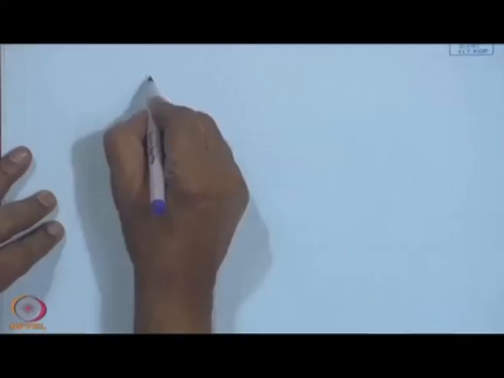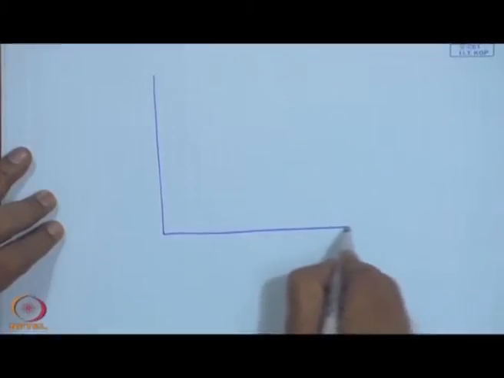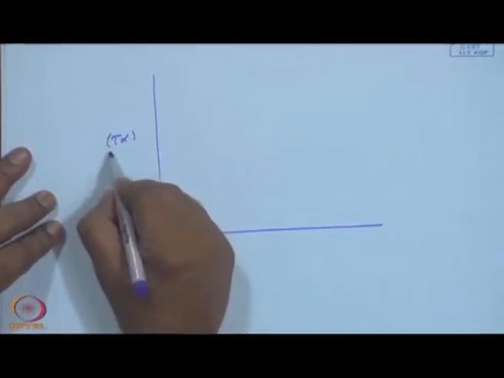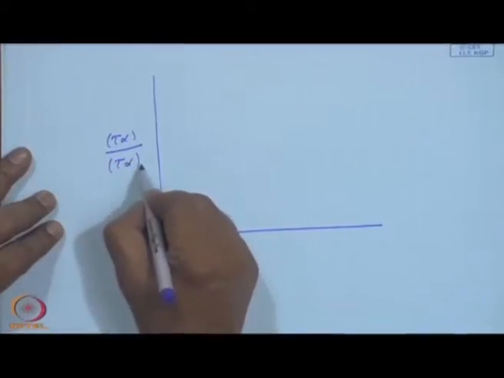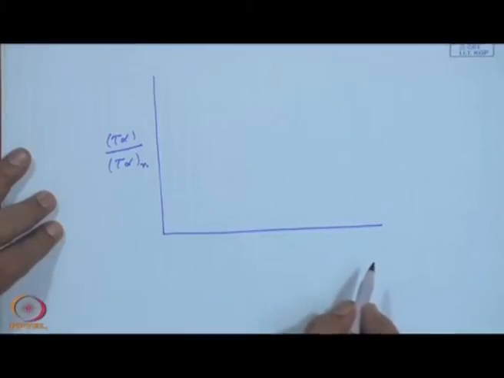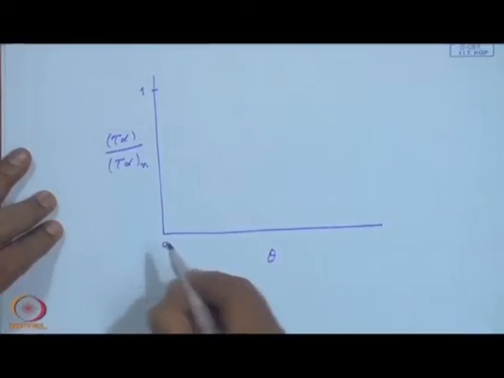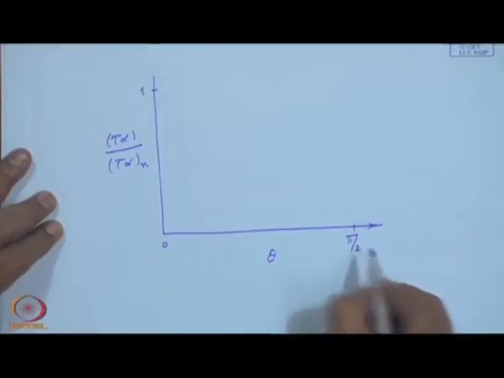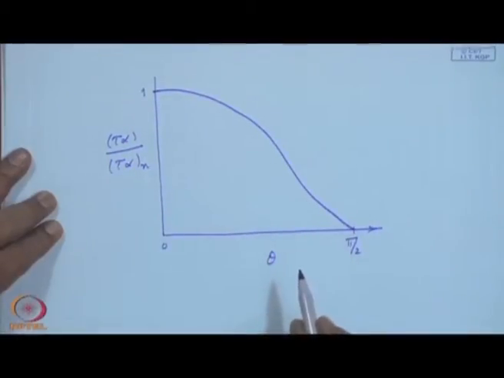Now, if we plot the variation of transmittance absorptance product at any angle of incidence theta by the normal transmittance absorptance product, this will be 1 at theta equal to 0, and this is pi by 2, something like this, it will go to 0.